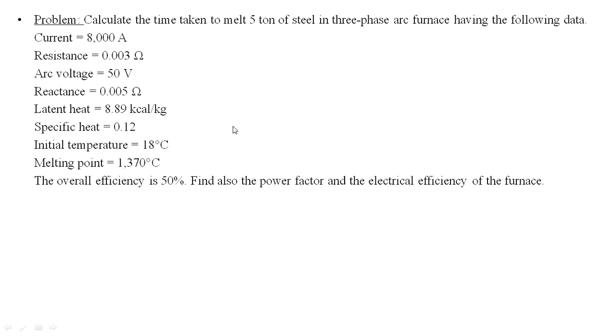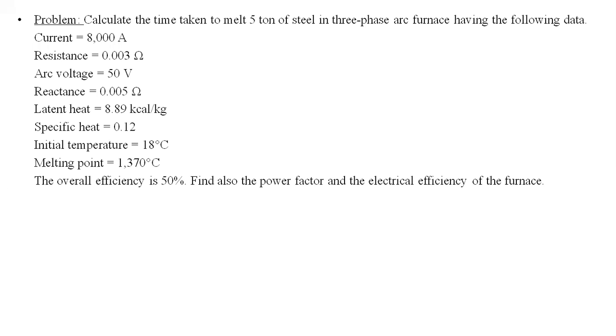Check out what terms he has given. He has given the following data: current 8000 amperes, resistance 0.003 ohms, arc voltage, that is the voltage produced by the arc between the electrodes, 50 volts.